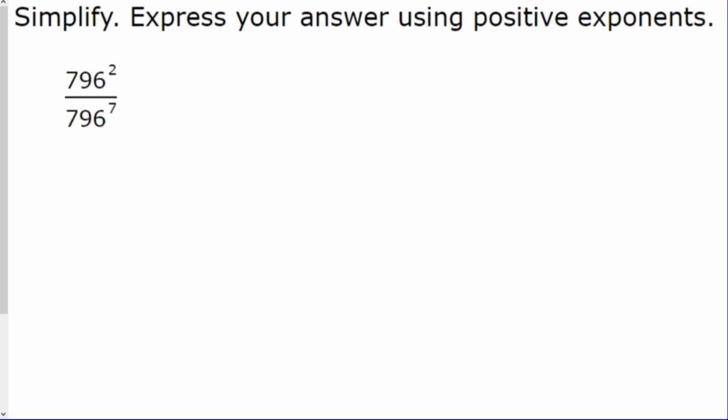All right, next example. Again, read your instructions. They want positive exponents, so we'll make sure we do that. Again, we are dividing the same base, 796. We can subtract the exponents, 2 minus 7, and we end up with 796 to the negative 5th power.